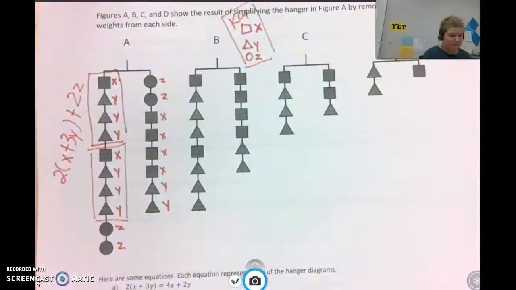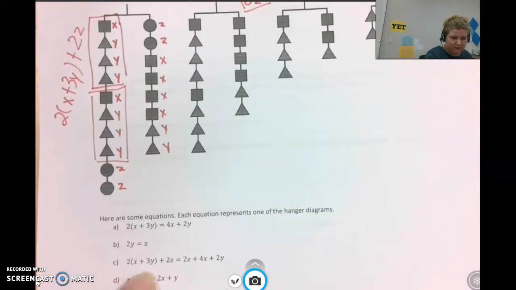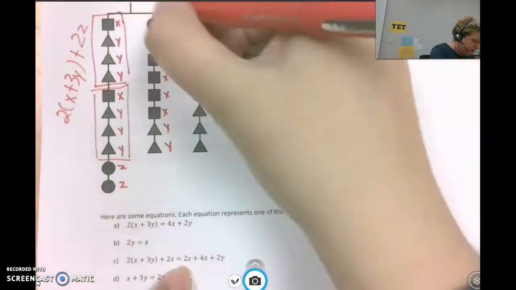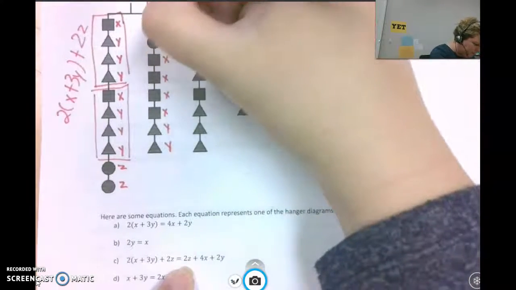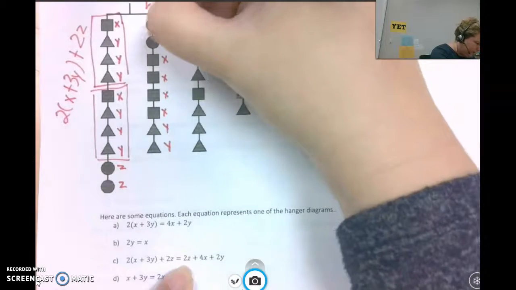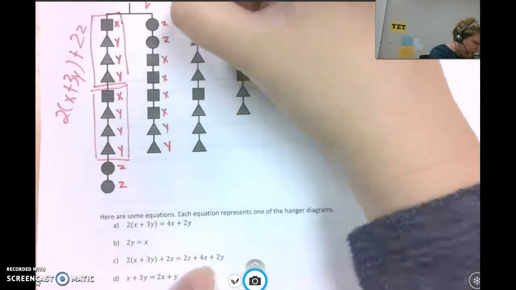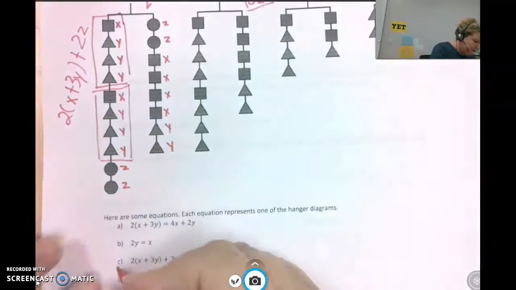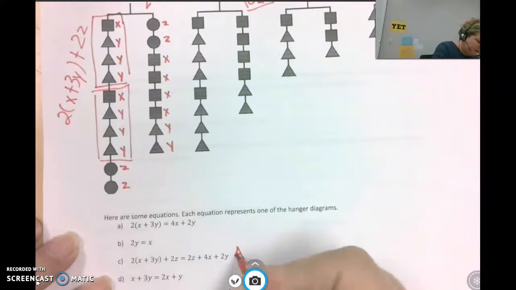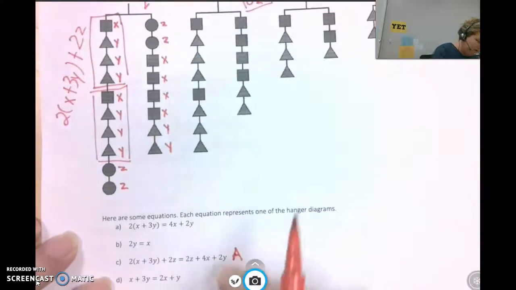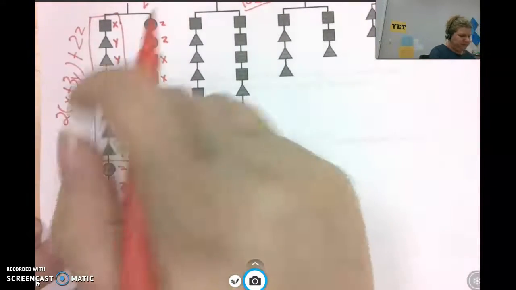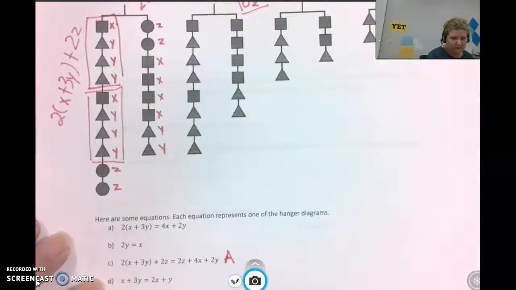So it looks like it might be this third one here, C. Let's see, 2 Z's, 4 X's, and 2 Y's. So C matches capital letter A. This equation goes with this diagram.